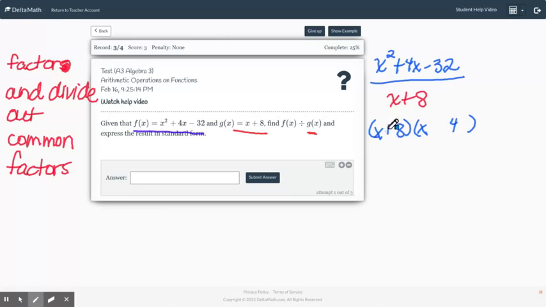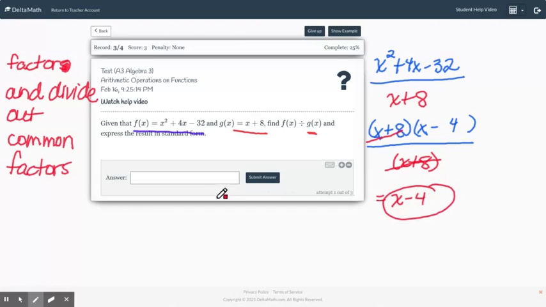Keep the 8 positive, the 4 negative. That will give you negative 32 when you multiply, and then positive 8x and negative 4x will combine to be positive 4x. And this is still over the denominator x plus 8. So now that I've factored the numerator, I can divide out the x plus 8 because anything divided by itself is 1, and I'm just left with x minus 4. Checking.